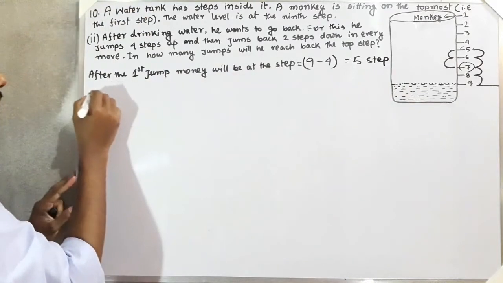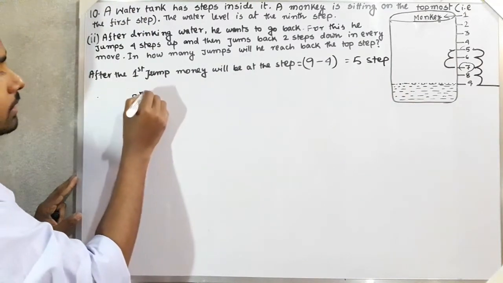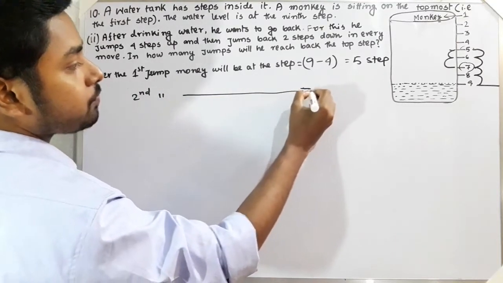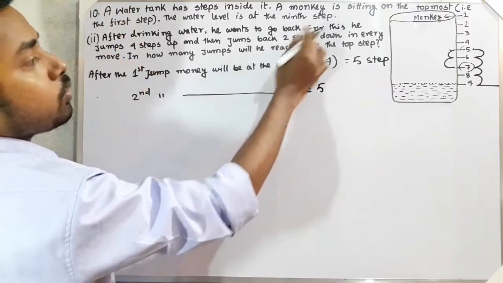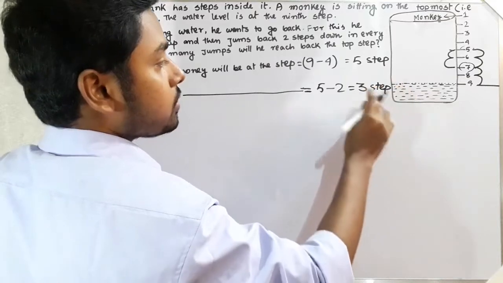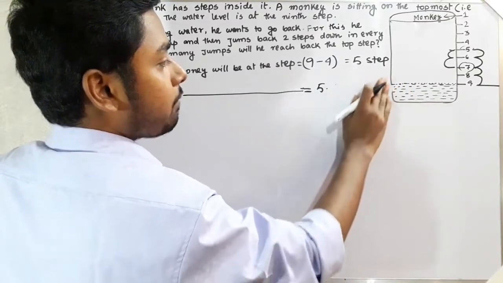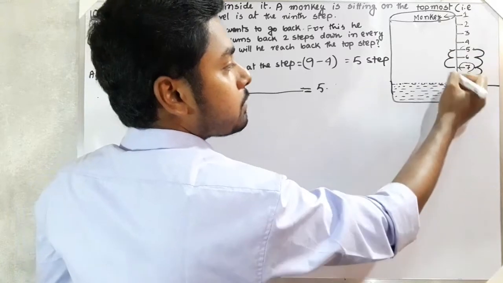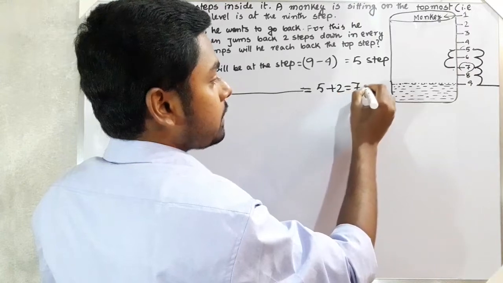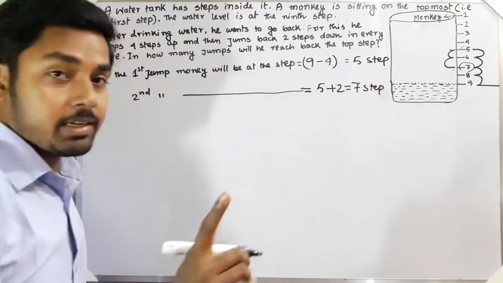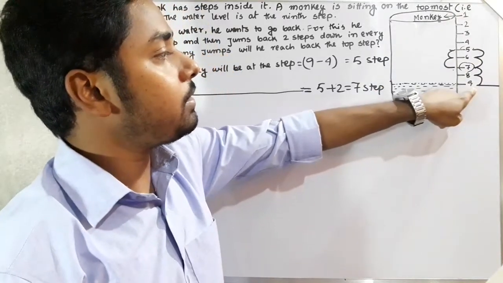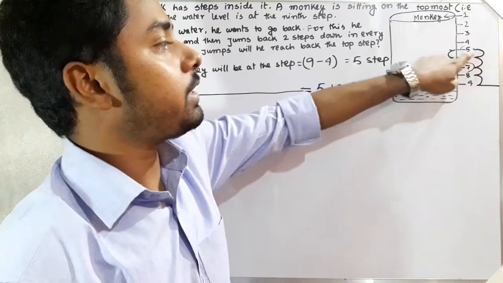Then in the second jump, where will the monkey reach? Going up means 9 minus 4, that means 5.